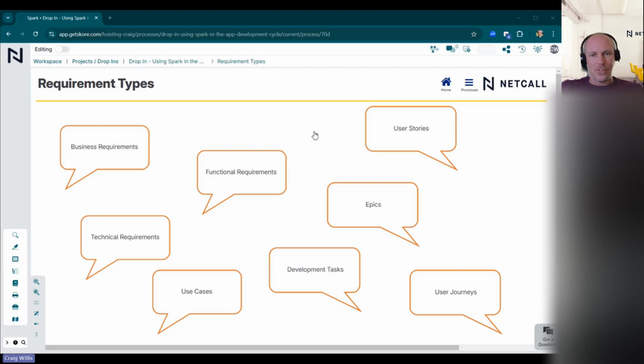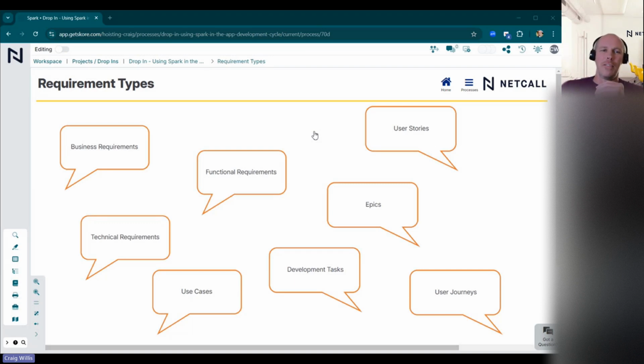So you'll see on the screen here, I've got a list of different requirement types, but just before I start talking through these, it's worth highlighting that when I talk about the application development lifecycle, I'm talking about something very broad.